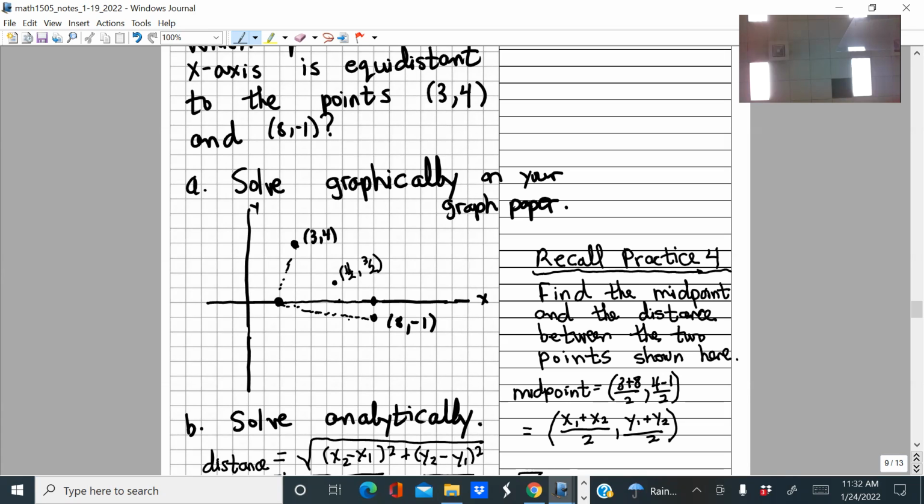I want you to just sort of physically position the correct answer here. Just physically position the point on the x-axis that you think is, eyeballing it there, the same distance from the 2 points. Okay, so when you put the point on the x-axis, once you've made your choice, you've got to tell me what the x-coordinate is though. The y-coordinate is 0 because it's on the x-axis, but once you've moved that point to where you think is the right spot on the x-axis, then give me an estimate for what the x-coordinate is.